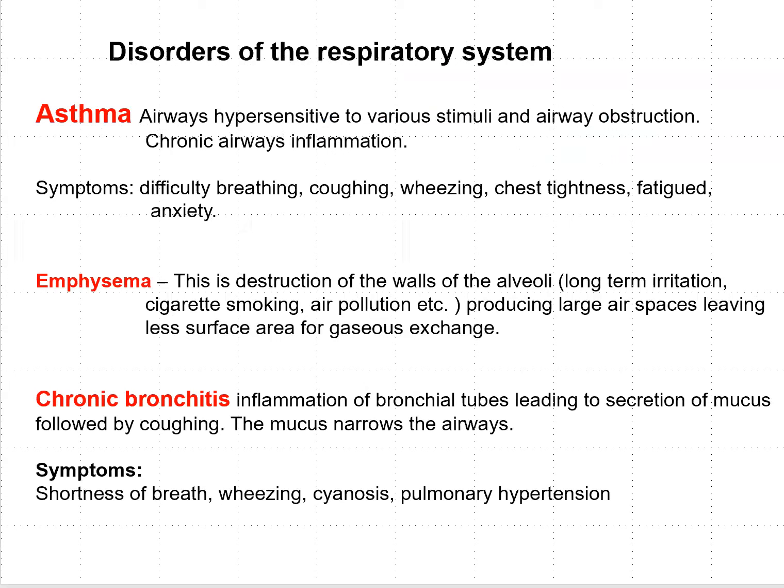Some important disorders of the respiratory system include asthma. Asthma is a very common chronic inflammation of the airways to the lungs, for example, the bronchi and the bronchioles. This causes inflammation, which leads to swelling and mucus production, which constricts the airflow in the lungs.